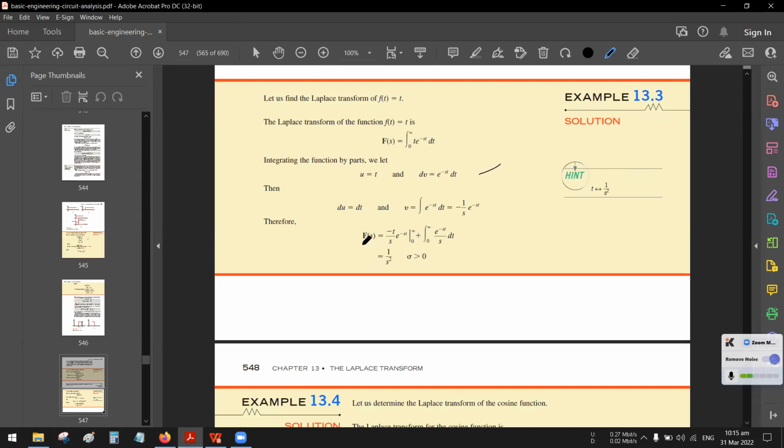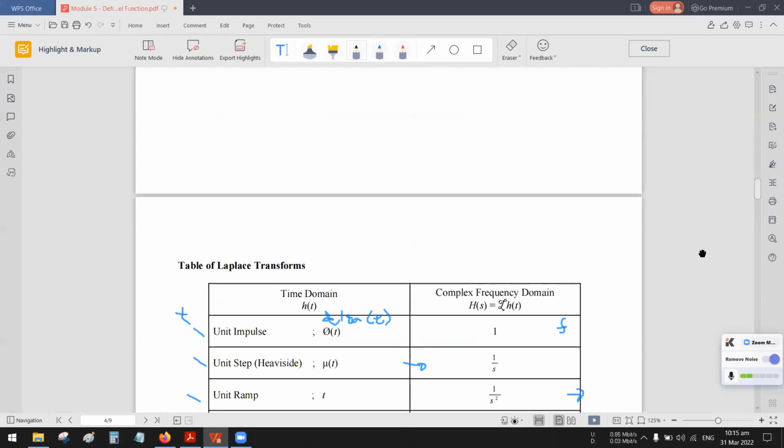Therefore, your function now in a complex frequency domain is just equal to 1 over s squared. Ayan. Limits. Sa ibang book, iba-iba yung notation na ginagamit.